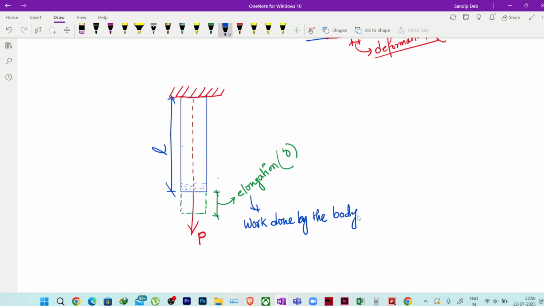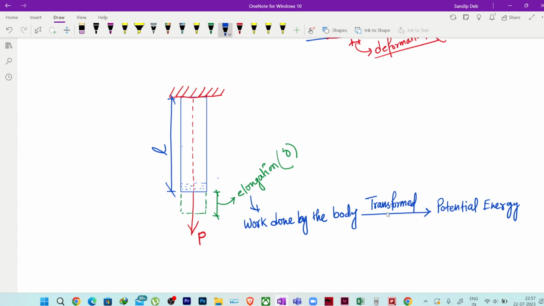Okay, so it has elongated, so that means this body has done some work. This work will be transformed to a potential energy in this bar.